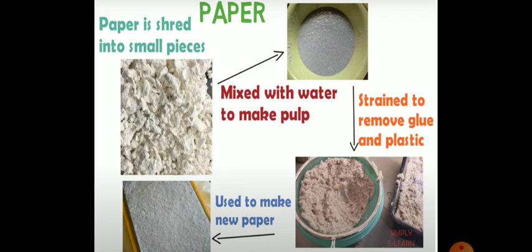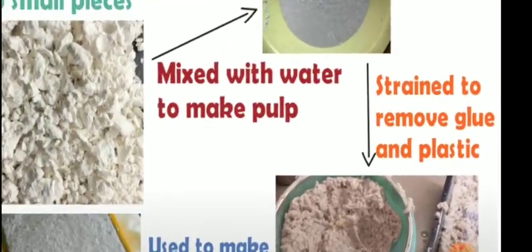You can see in this picture that it is left for drying, and one thing we should do is put weight on all four corners so that it will not curl. So in this way we can recycle paper which is of no use now. The waste papers we can recycle through this process.